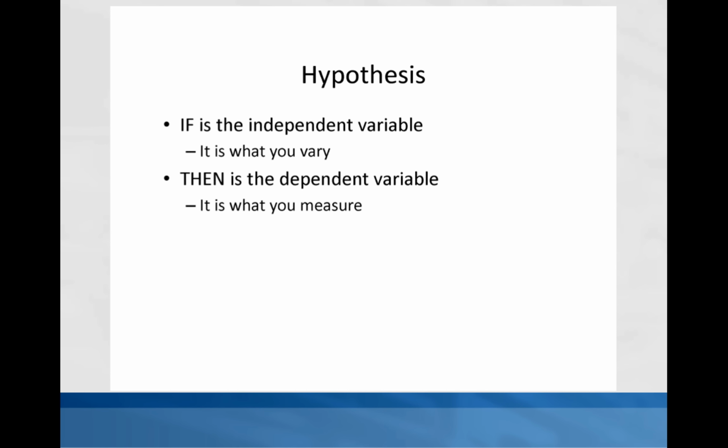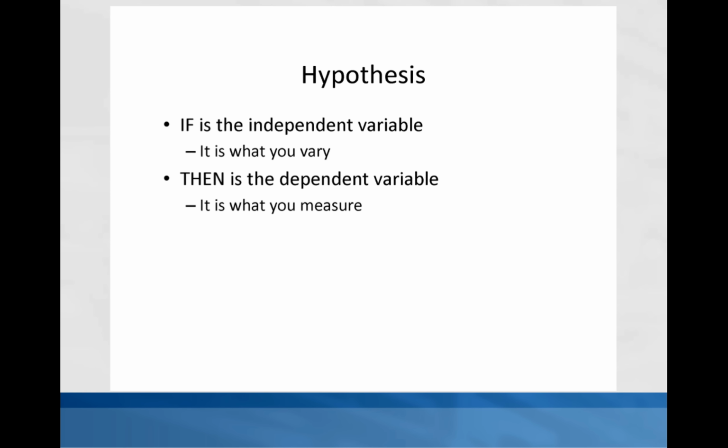Now there's two other variables that we're looking at here. The independent variable and the dependent variable. The dependent variable depends on the independent variable. And when you write the if-then format, you are putting the independent variable, which is what varies, in the if spot, and the then spot, which is if I do this, then this is what's going to happen, and that's what you measure.